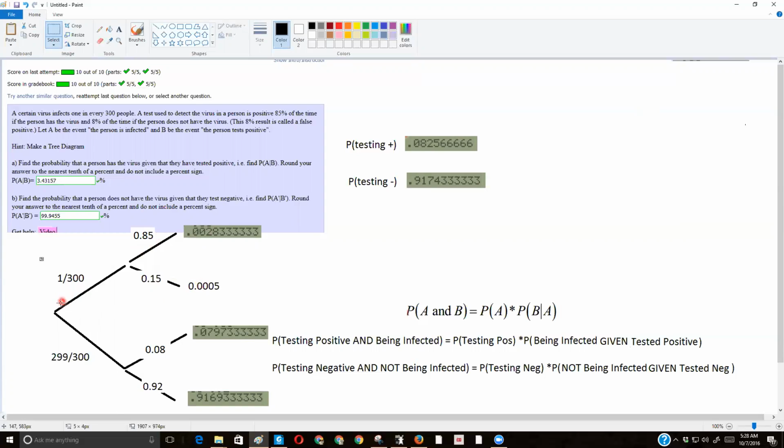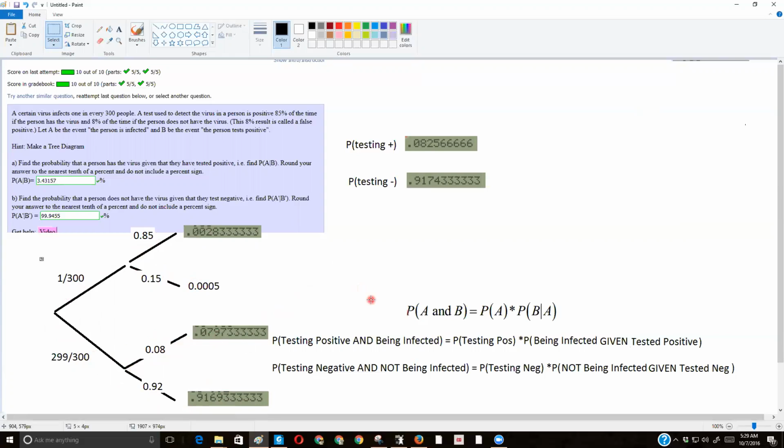This is the probability of somebody being infected and testing negative. Remember, it's an and probability. We multiply the probabilities. This number is the probability of somebody not being infected and testing positive. And lastly, this is the probability of somebody not being infected and testing negative. So the test was accurate here.